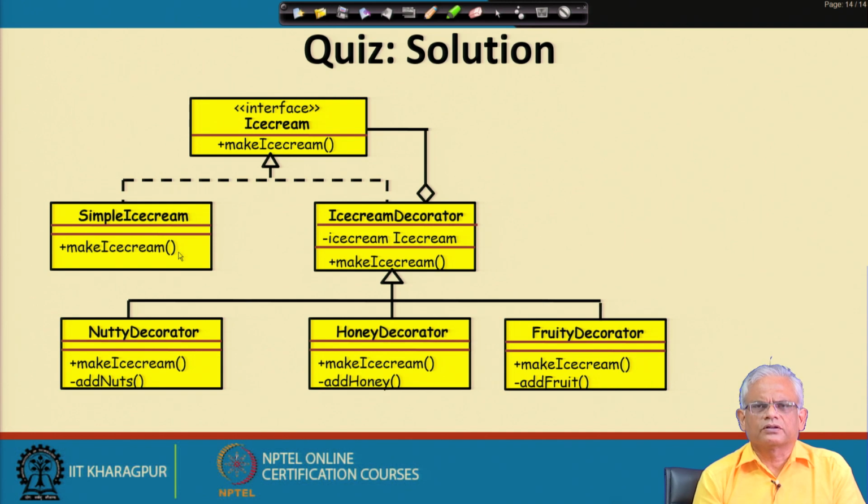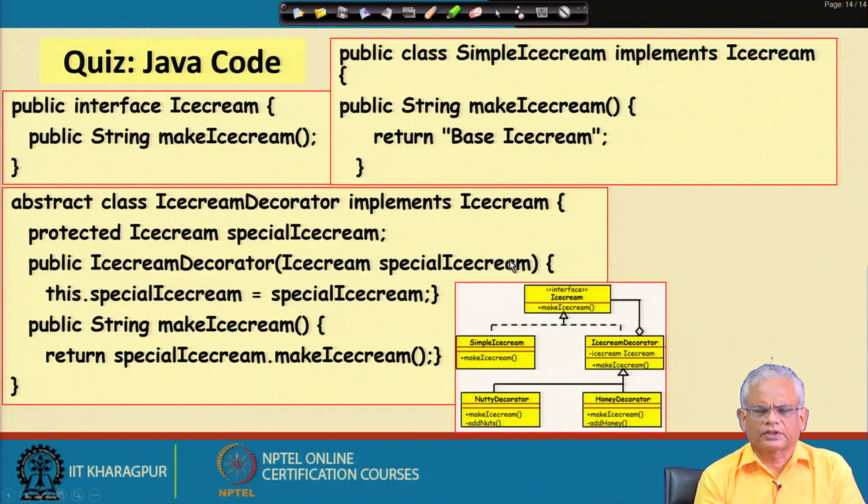But what about the Java code? Please try to write the Java code for this application, so that we get a feel of how we really code such a class structure. We need to write the code for ice cream, which is the interface, the simple ice cream, the ice cream decorator, and the concrete decorators.